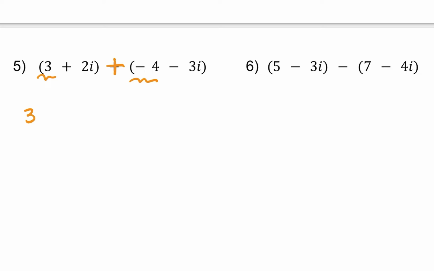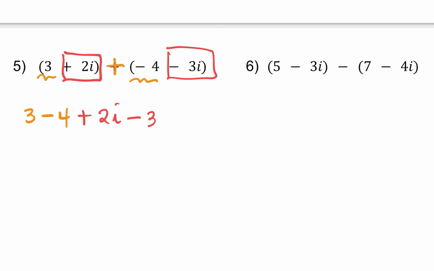I'm also looking at negative 4. So again, our goal is to drop the parentheses and at the same time put together what can be combined. I'm looking at positive 2i, so plus 2i. And the last one, which is negative 3i. Now let's combine. 3 minus 4 is negative 1, and 2i minus 3i is negative i. So here is our final answer.